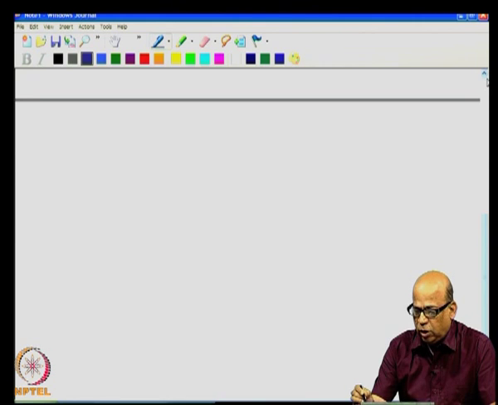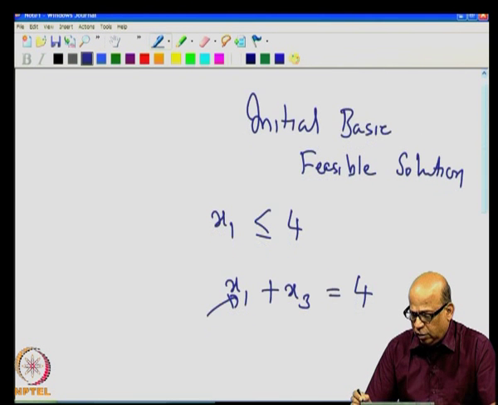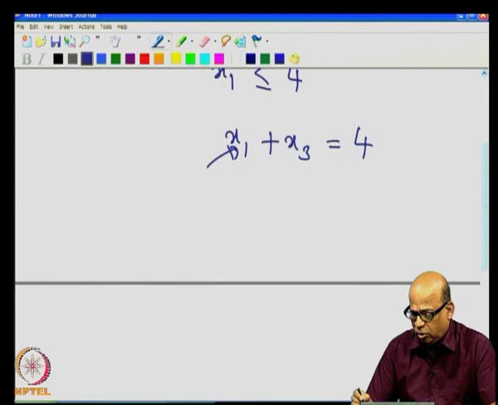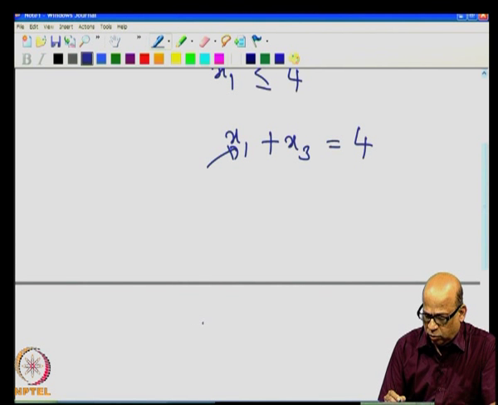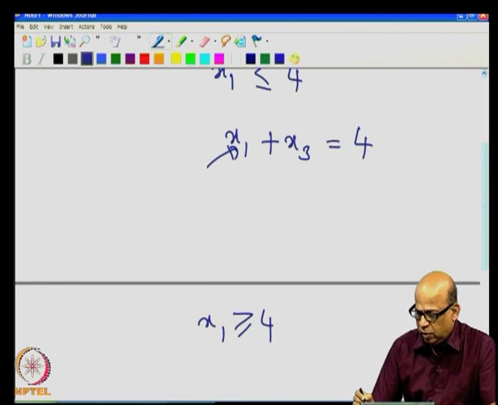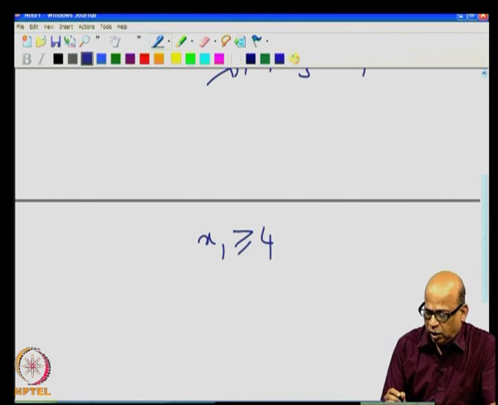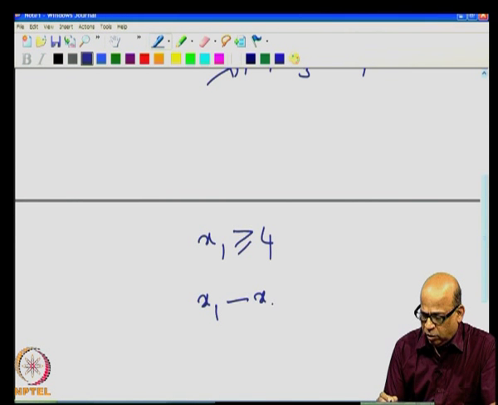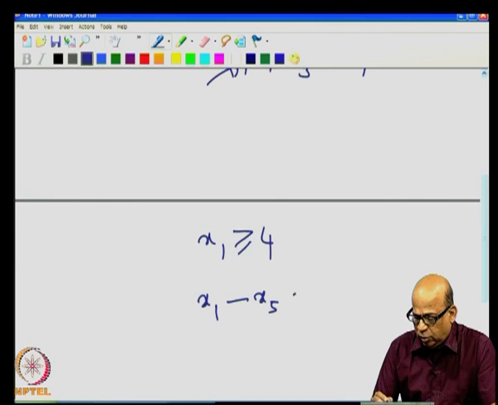Let us say that you had a constraint of the type greater than or equal to. Instead of x1 less than or equal to 4, let us say I had x1 greater than or equal to 4. Then what will I do? I will deduct a surplus variable, let us say x1 minus x5 we will call it, is equal to 4, where this is a surplus variable.